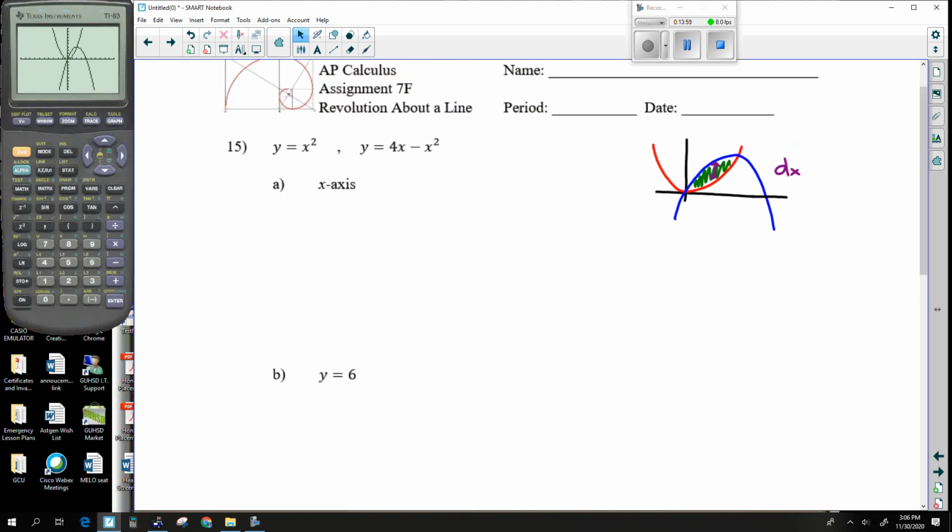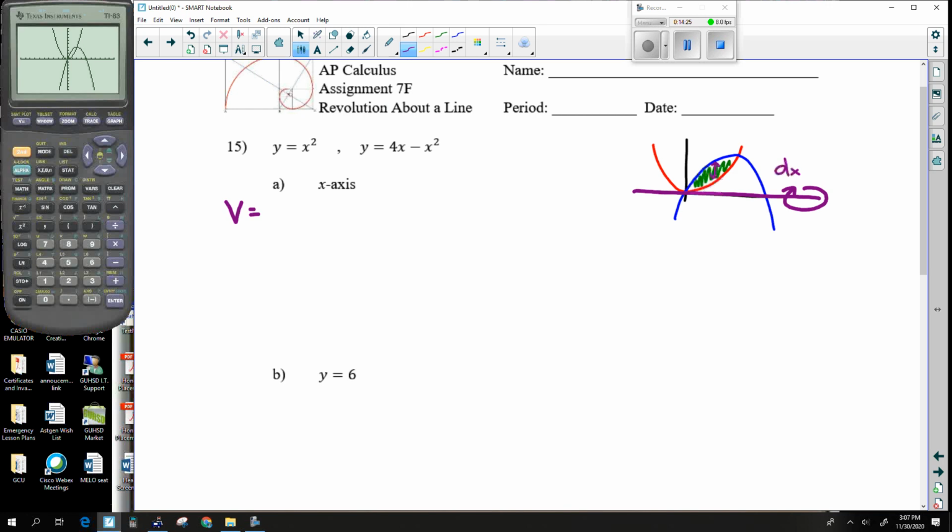All right, so if I'm rotating this about the x-axis, okay, the x-axis, that is a dx, that is the disk method, and that's set up for that. And so the top is the blue, the bottom is the red, and so make sure I have the big radius minus the little radius, each individually squared. All right, so here we go.